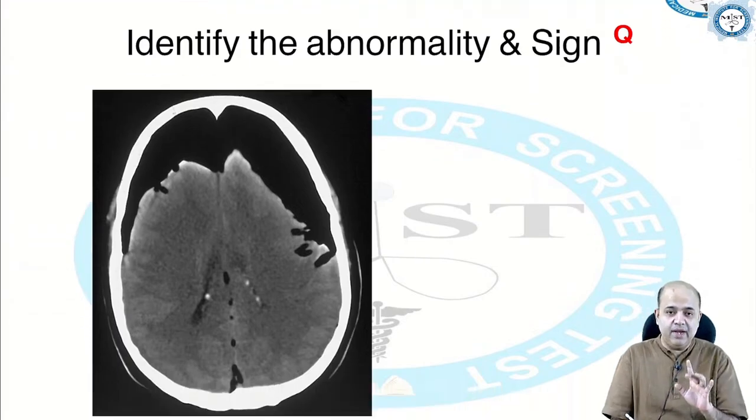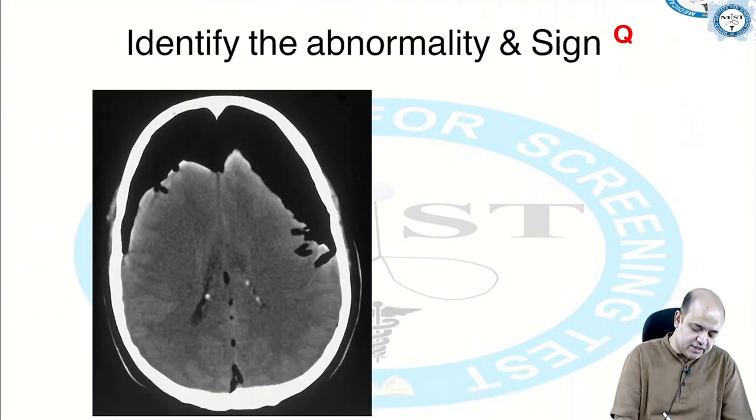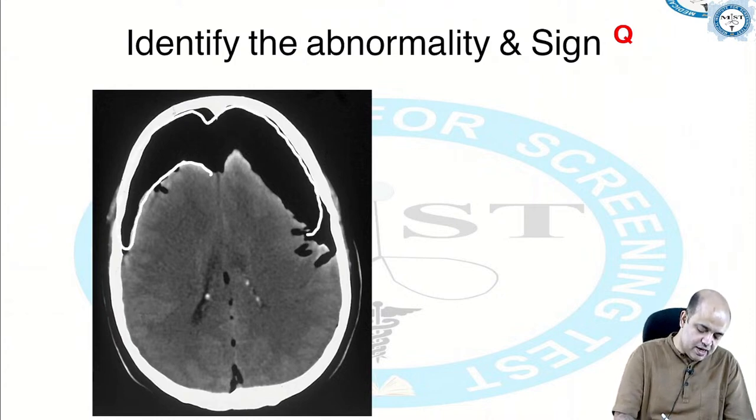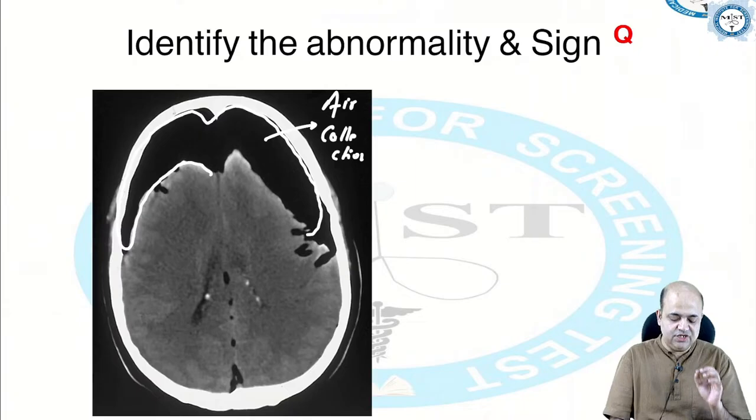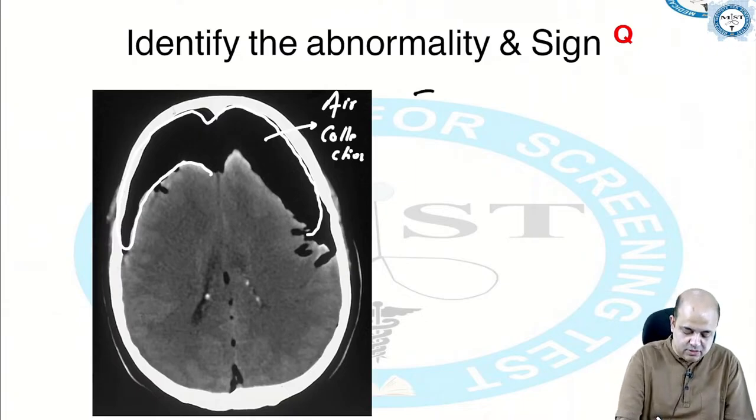NCCT brain, and what do we see? We see there is a collection of air. This is called tension pneumocephalus.